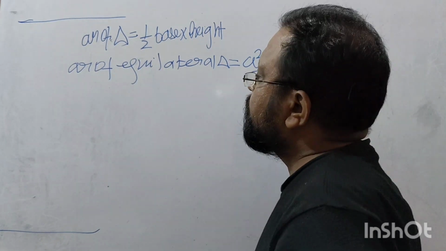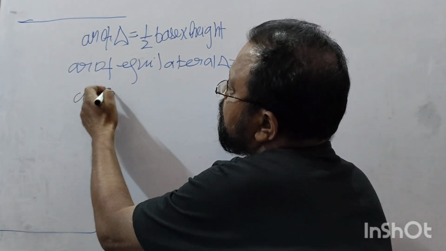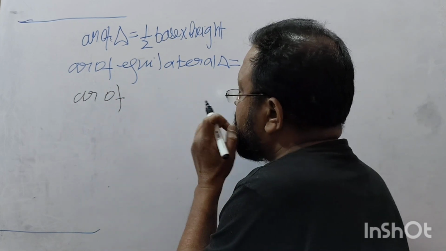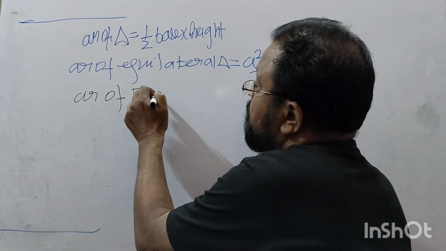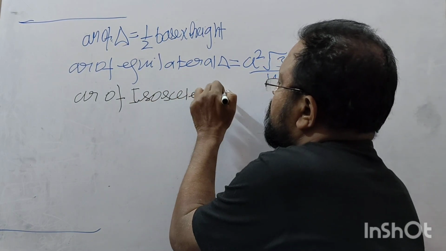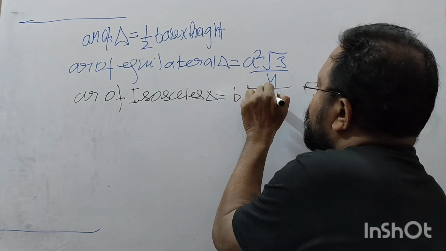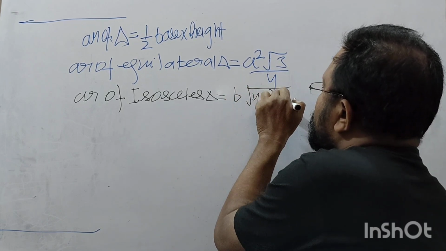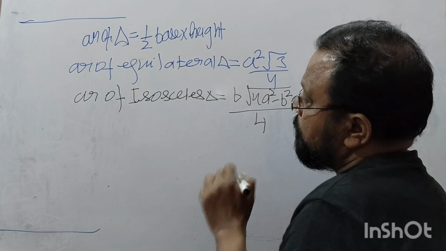Then area of isosceles triangle is b root 4a square minus b square upon 4.